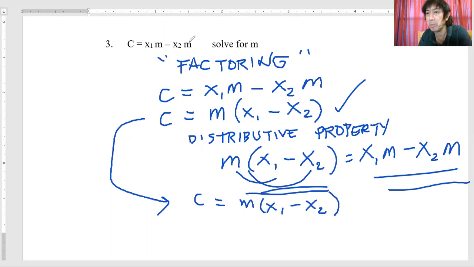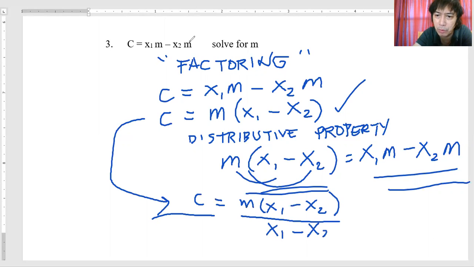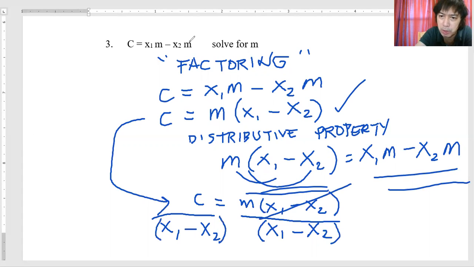To solve for m, we need to isolate the x1 minus x2 by way of divide. So you have x1 minus x2 as divisor on both sides. Remember, this is one piece, and this is one piece, so this divides there.